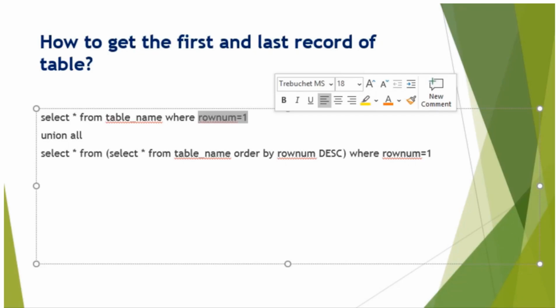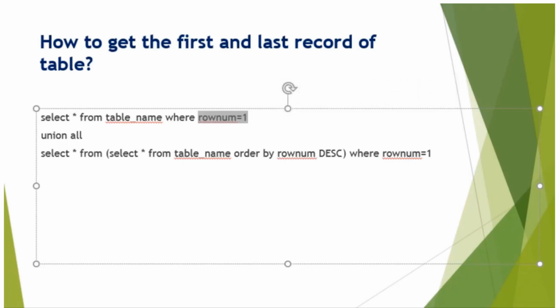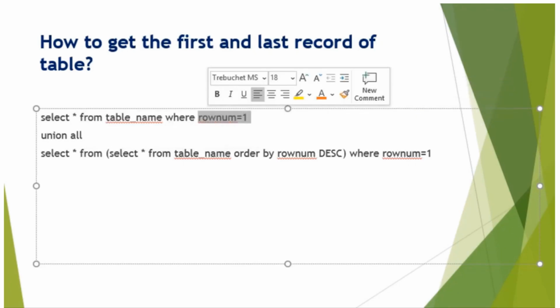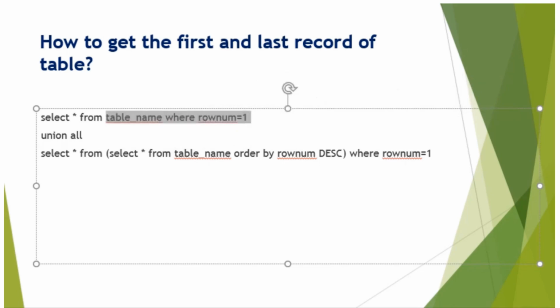Likewise, for all 20 records it gives a sequence incrementing by 1. So I am selecting rownum equals 1, and it will display the first record of the table.